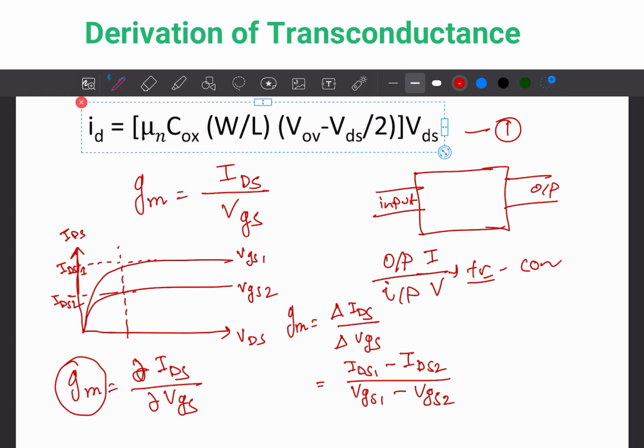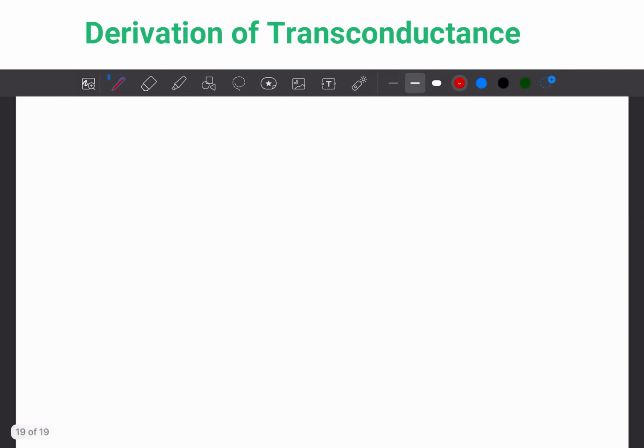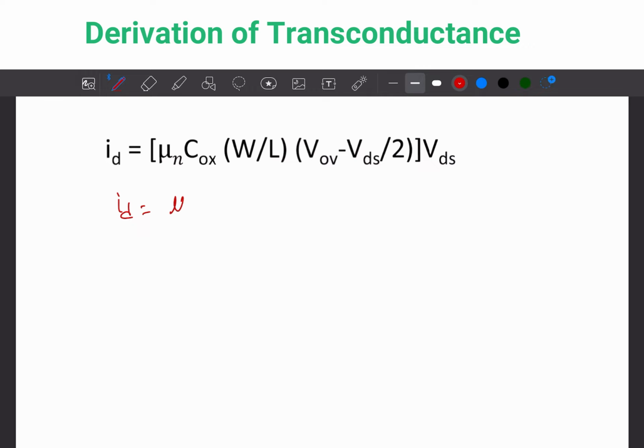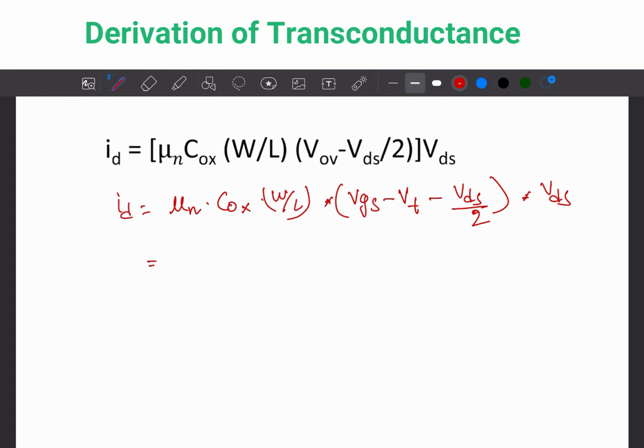So let's do it. Okay, so here ID is equal to mu N COX W by L, VOV which is VGS minus VT, minus VDS divided by 2, multiplied by VDS.